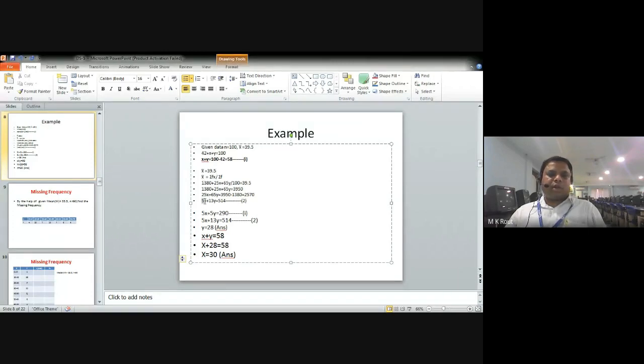If you simplify this one, you get 5x plus 13y equals 514. Equation 1 multiplied by 5 gives 5x plus 5y equals 290. And the second equation is 5x plus 13y equals 514. If you simplify this one, you get the y value, that is 28, and the x value is 30. Just note down, those who have not completed or not solved the particular example.